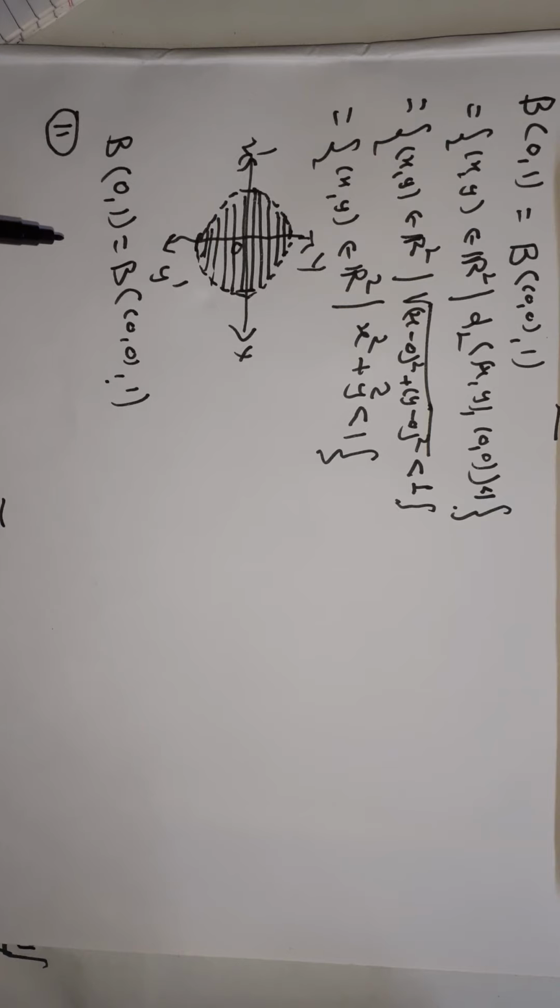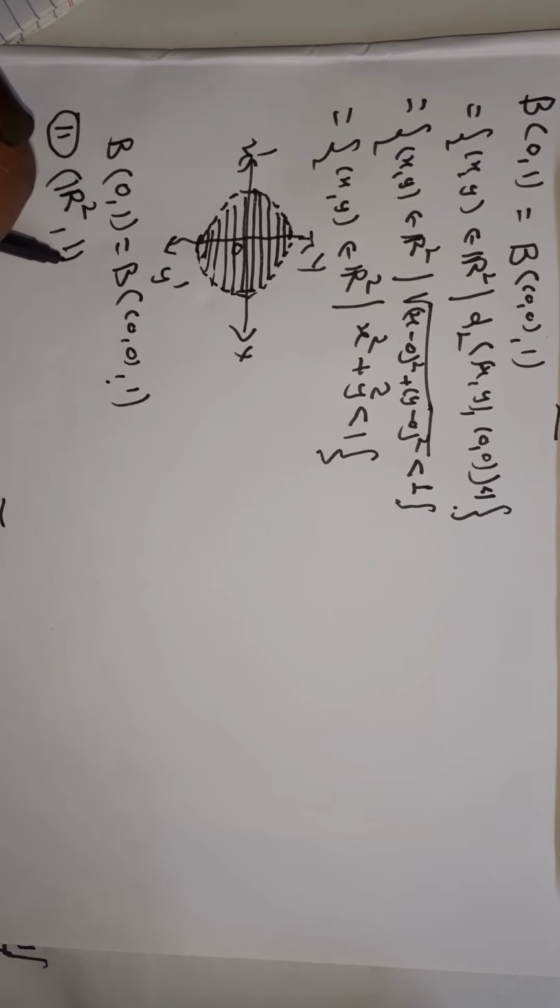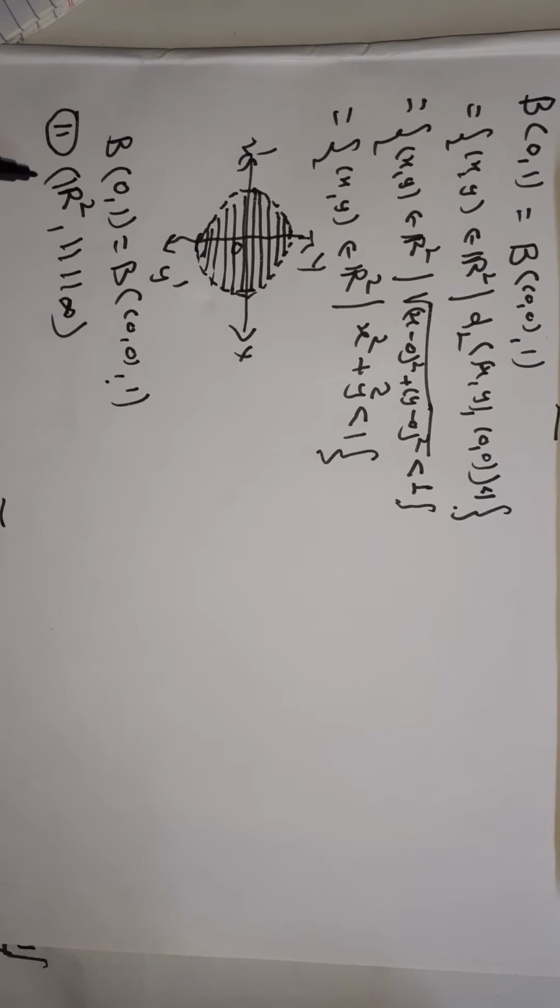is R2 with the norm infinity. That is, we have the metric space R2 with norm infinity.